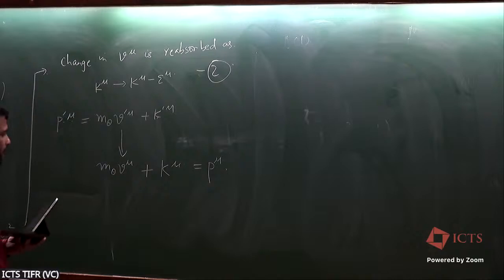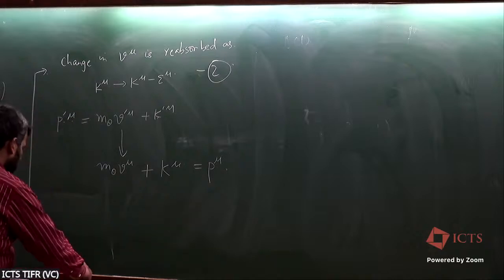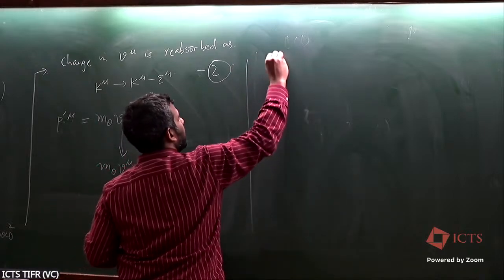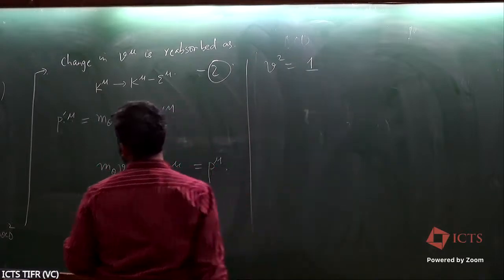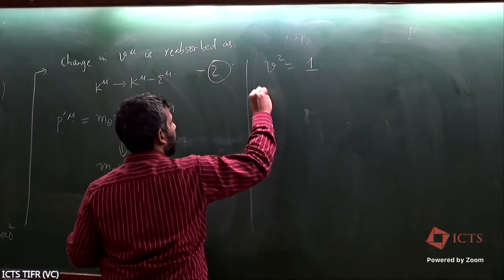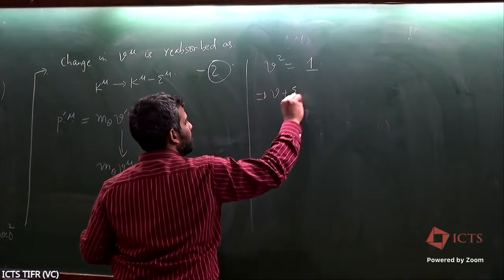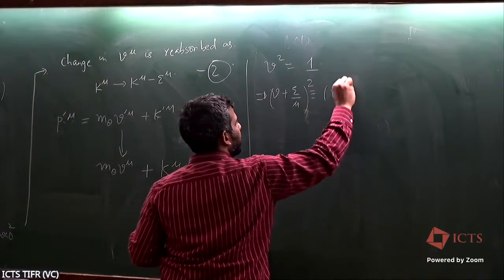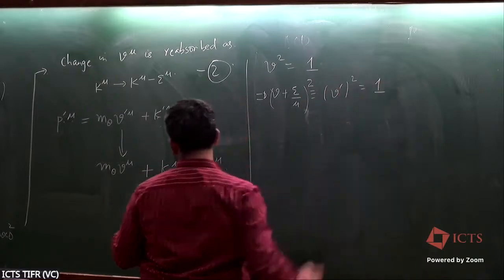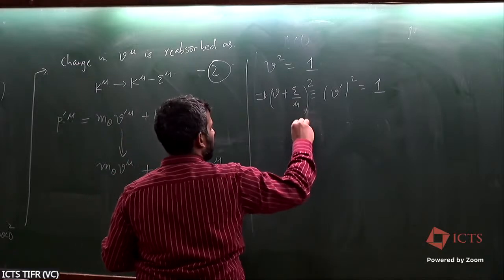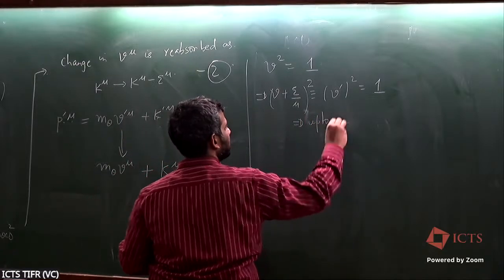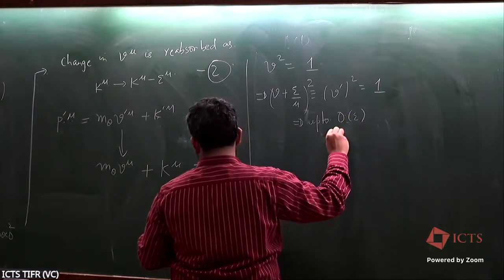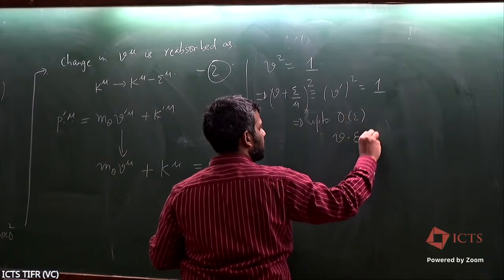So because V square is 1, I also demand that V plus epsilon by M, which is equivalent to V prime, squared is 1. And up to order epsilon, we get this condition that V dot epsilon is 0.